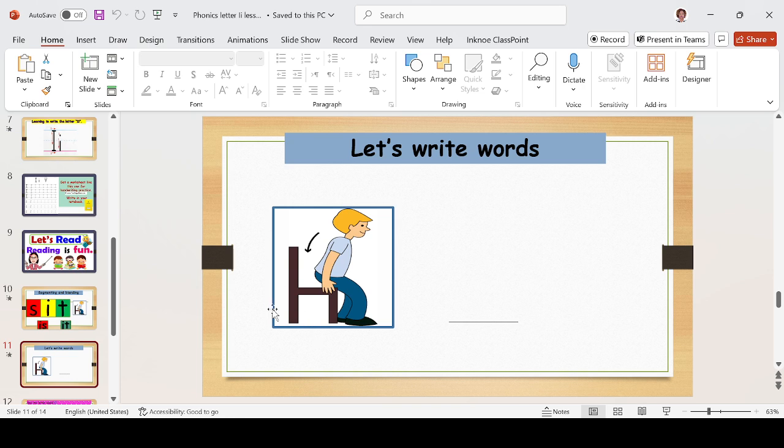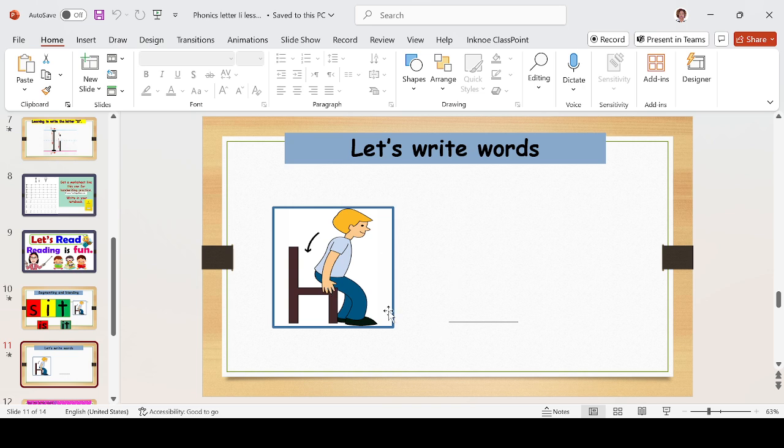When you are done, I want you to write the word for this one. Okay, can you write the word sit? S, e, t, sit. Can you write the word s, e, t, sit?